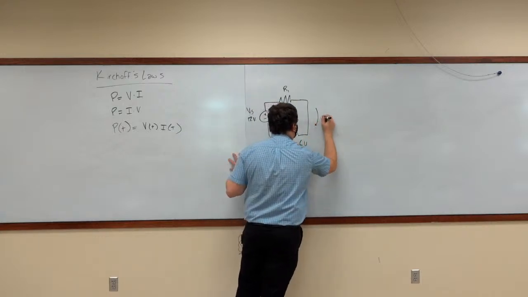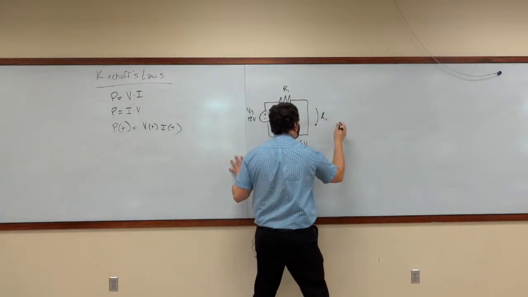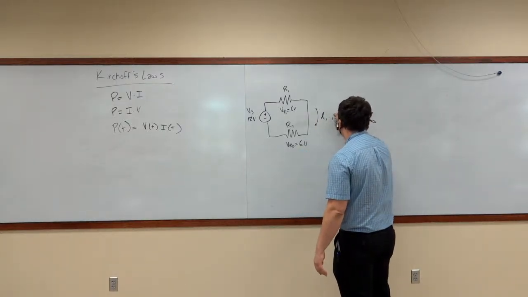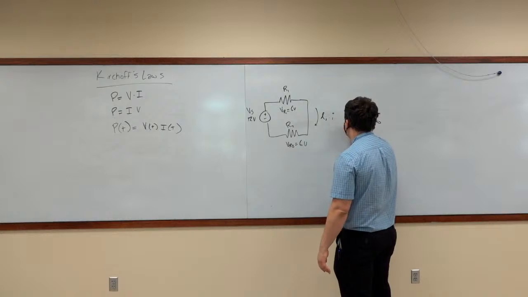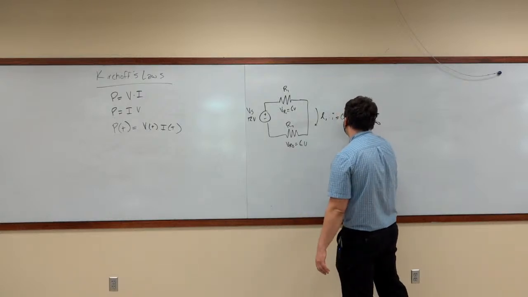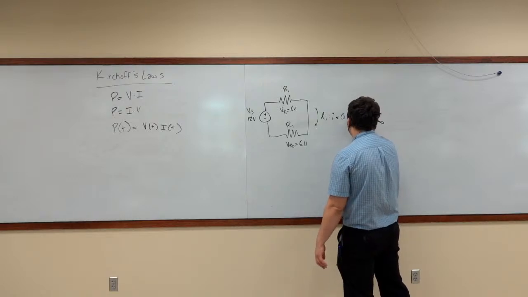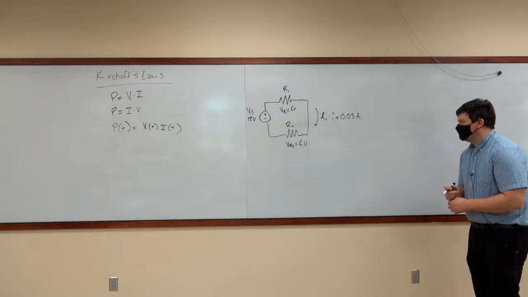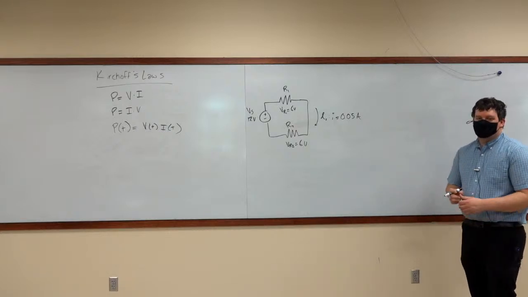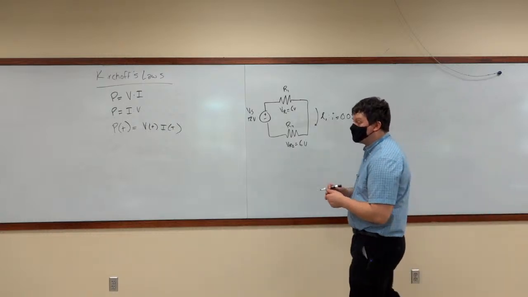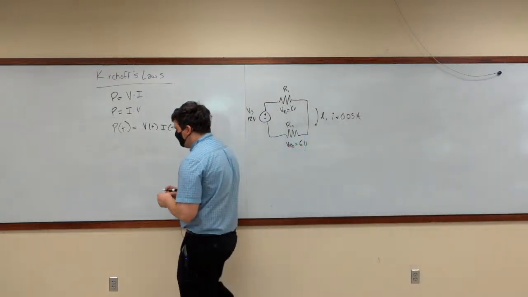In loop 1, our current is going to be equal to 0.05 amps, something like that. And then the question is, how much power is being consumed by every component? Okay.